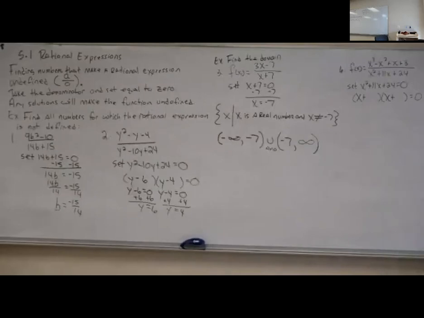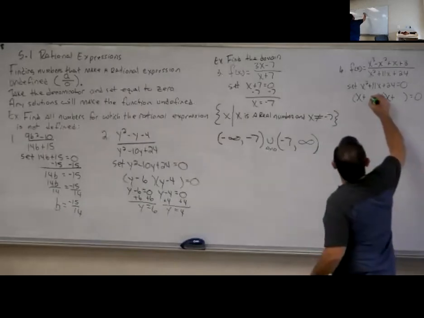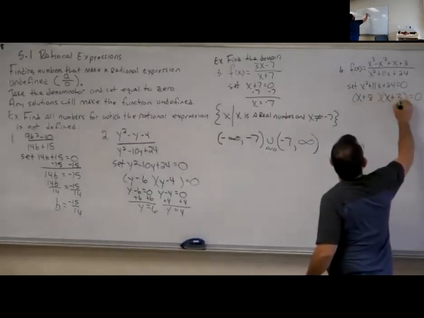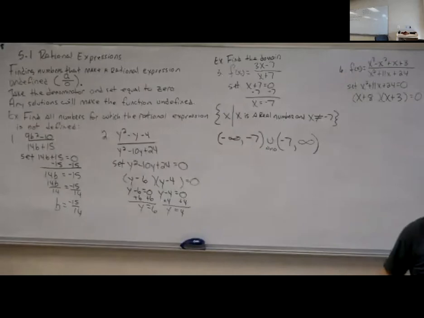Now, this time I want factors of 24 that add to get 11. And that would be an 8 and a 3, okay? Now, quad would have spit out negative 8, negative 3, because it would have given you the final answers on that, okay?